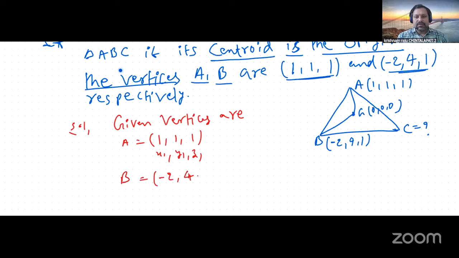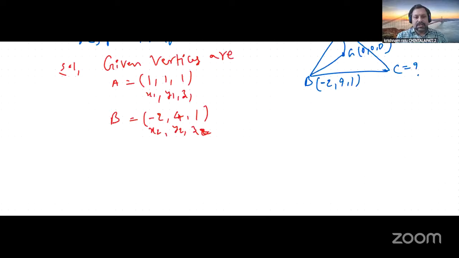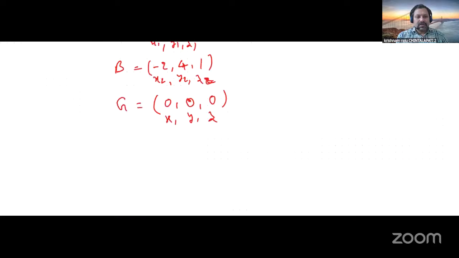Clear? Now the centroid is given, G equals the origin, that is (0, 0, 0), denoted by x, y, z. So what is the third vertex formula?